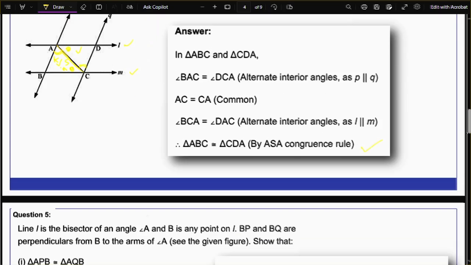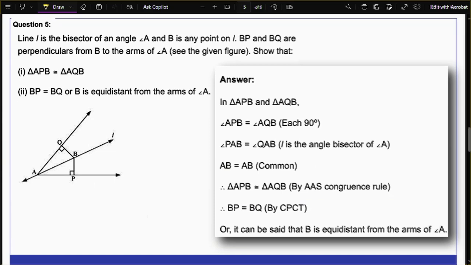Now comes question number 5. Here, line L is the angle bisector of angle PAQ, so these two angles are the same. Now BP and BQ are perpendiculars from B, which is a point on L, to these two lines.